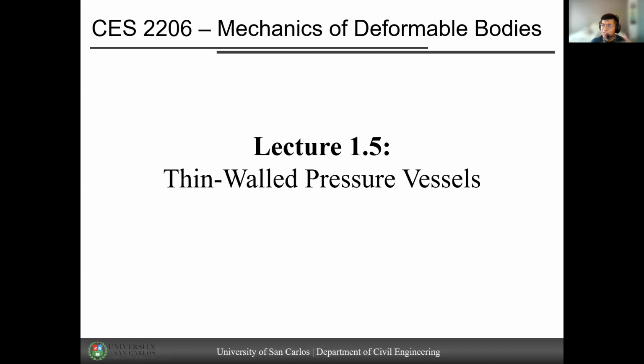This topic might seem not really that important if you don't fully appreciate it. I think thin-walled pressure vessels are more applicable to chemical engineering students, since they will be storing chemicals in storage tanks, those liquids.